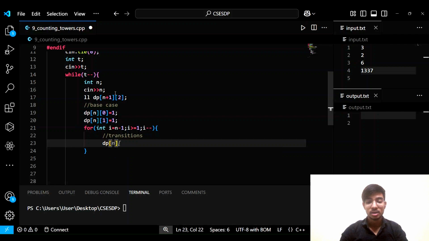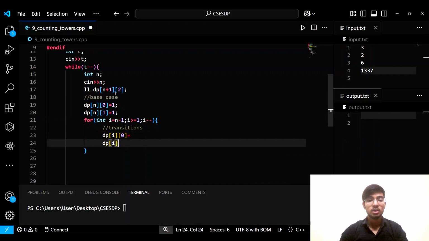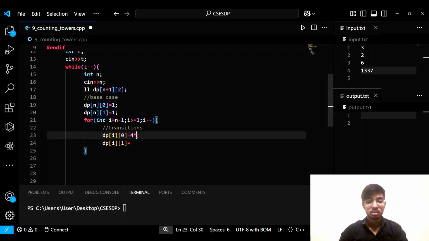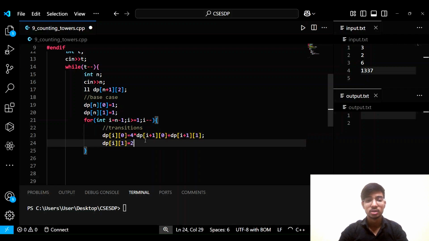First for the block of width 1, and second for the block of width 2. We saw that the transition is 4 times dp of i plus 1 if width of 1 tries to extend, and there is another case, dp of i plus 1 with width of 2 trying to extend. The next transition is 2 times dp of i plus 1 if width of 2 tries to extend, and there is another case for width 1.